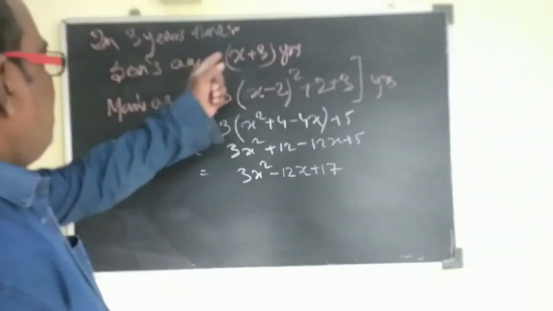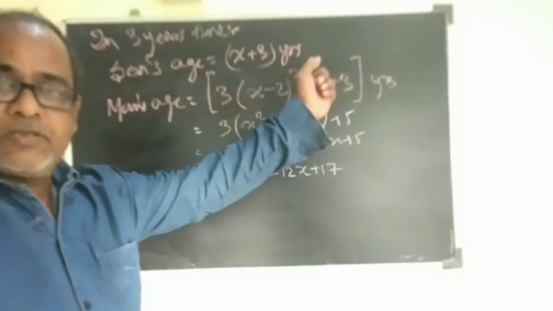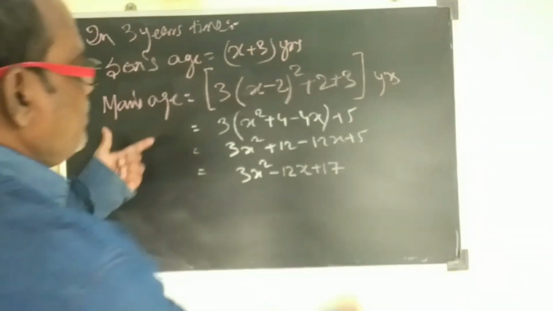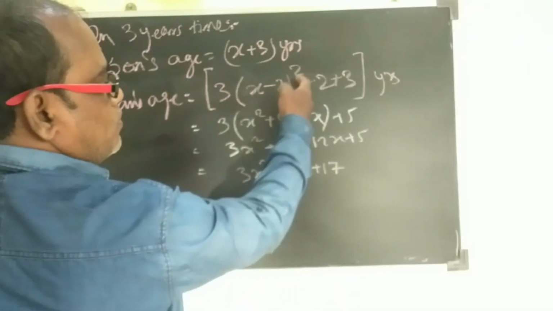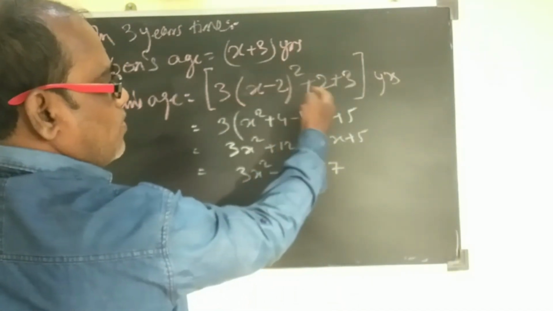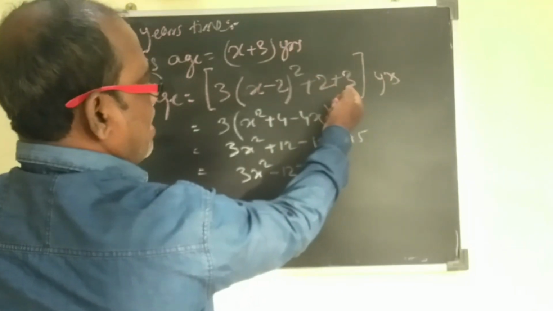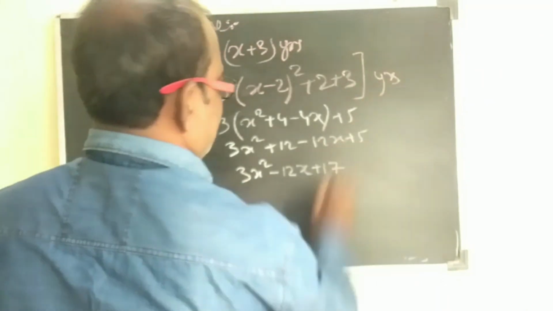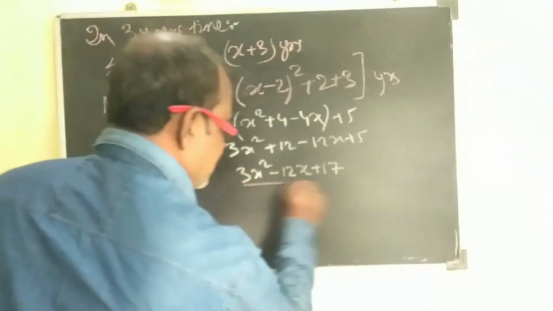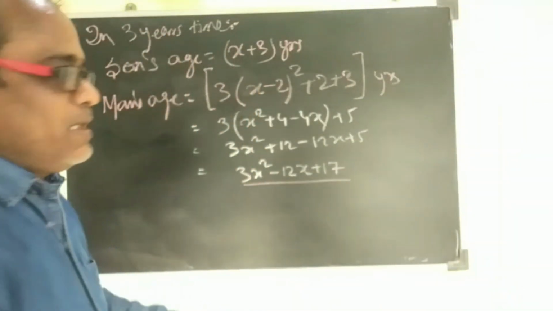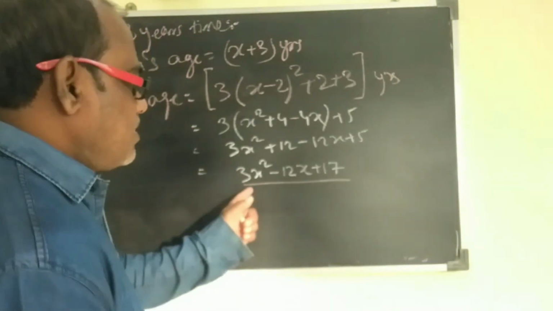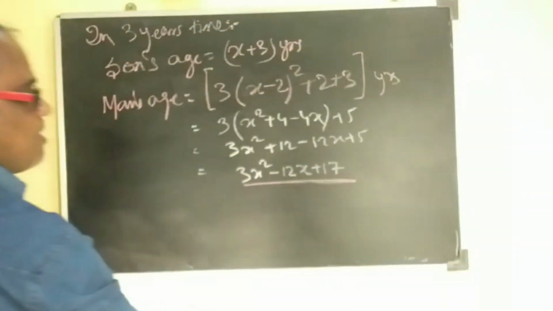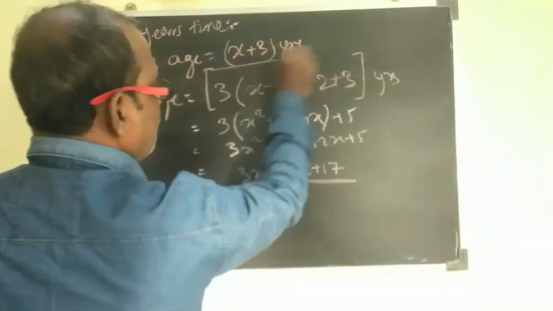So in 3 years time, the son's age will be x plus 3, as the present age of the son is x, and the man's age will be 3 into x minus 2 whole square, plus 2 for the present age, and after 3 years it will be this. So solving this, we get this. Now according to the question, after 3 years the man's age must be equal to 4 times this.